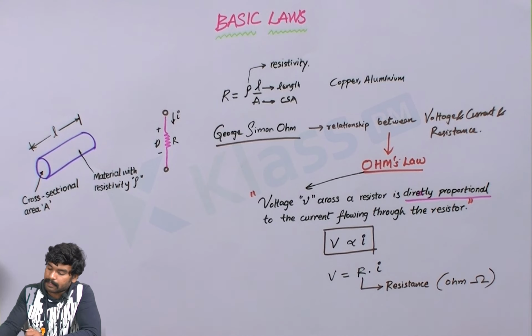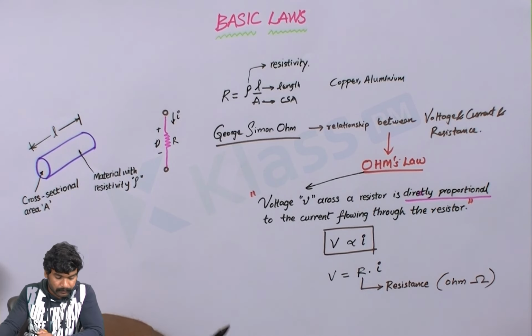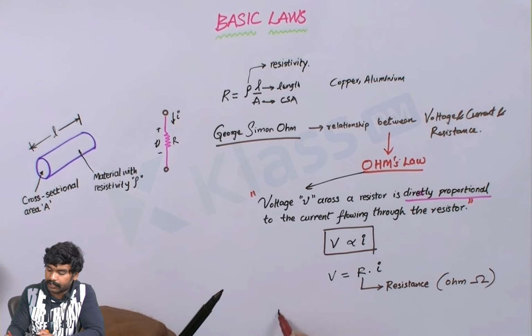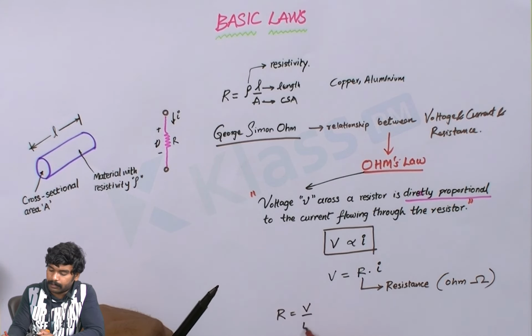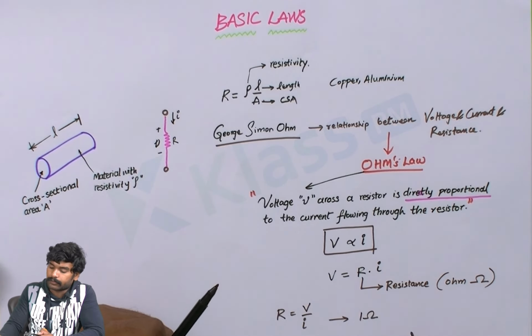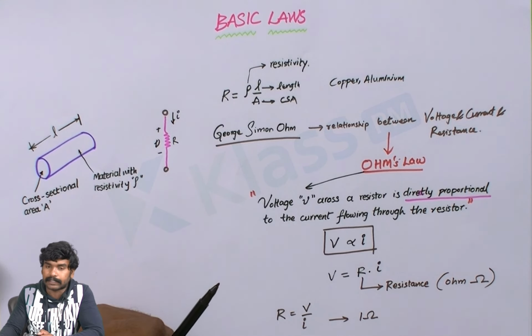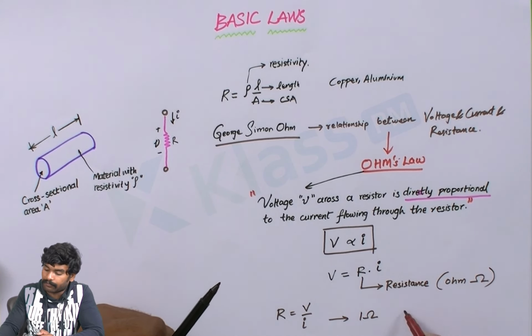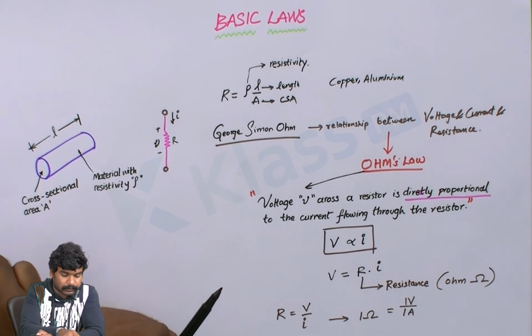So from this equation I can write R equals V by I. So I can define a resistance of 1 ohm. A resistance of 1 ohm is said to exist in a circuit if a voltage of 1 volt is able to circulate a current of 1 ampere. So this is how you define a resistance, ohm.